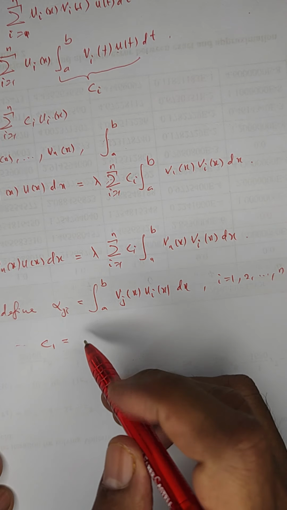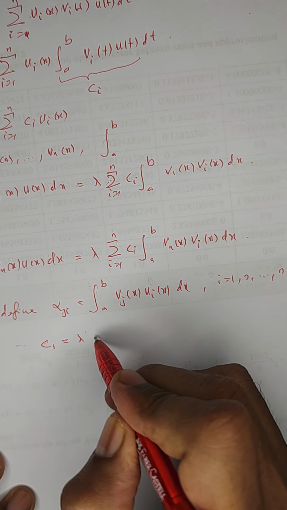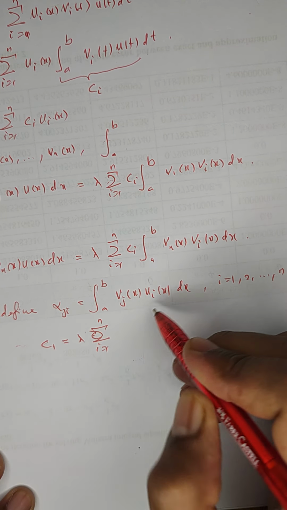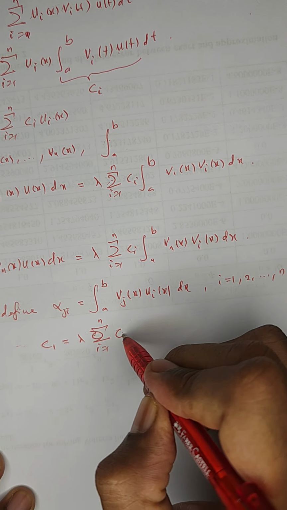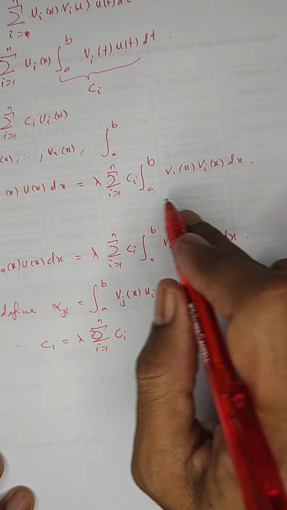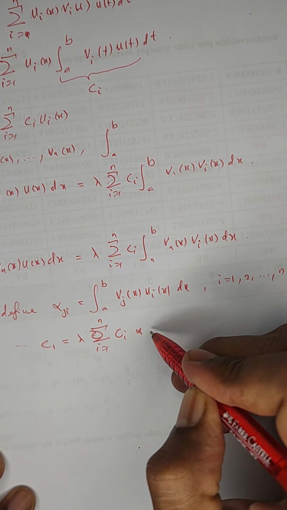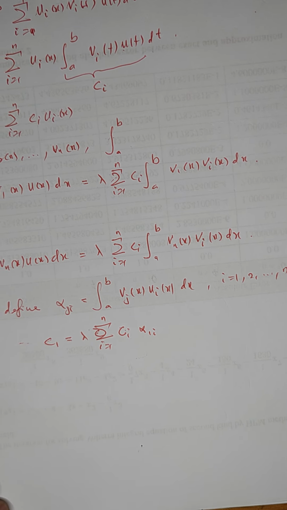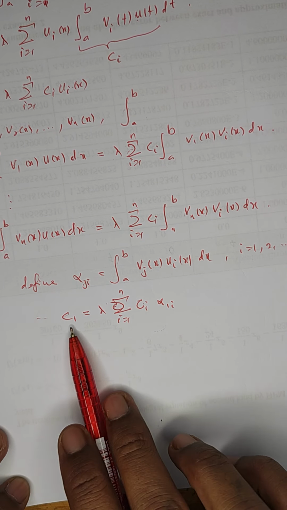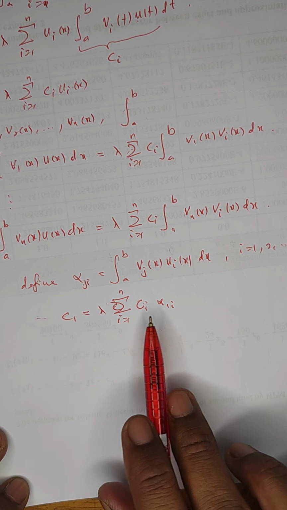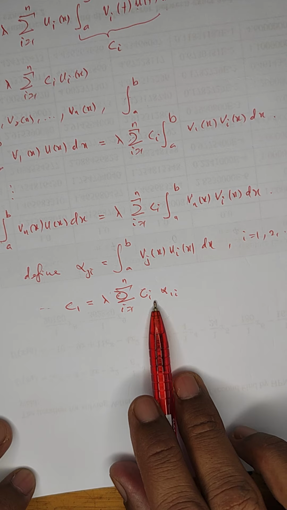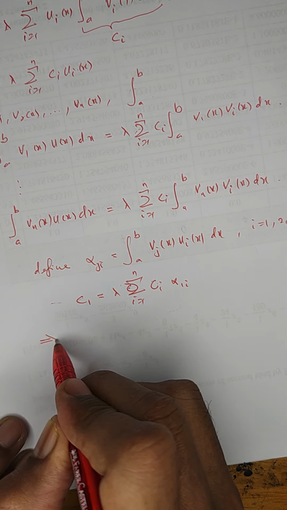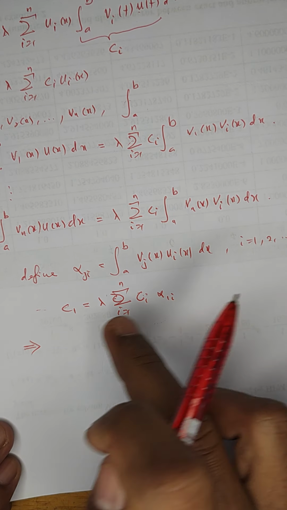And then on the right hand side we have lambda times the summation i=1 to n of Ci, and that gives you alpha 1i. Or you can rearrange that for the similar subscript, because this is a summation over i, so you can write this and then factor out C1.